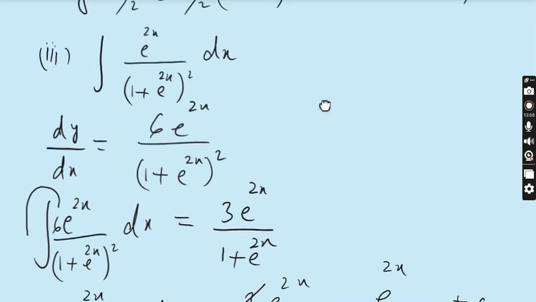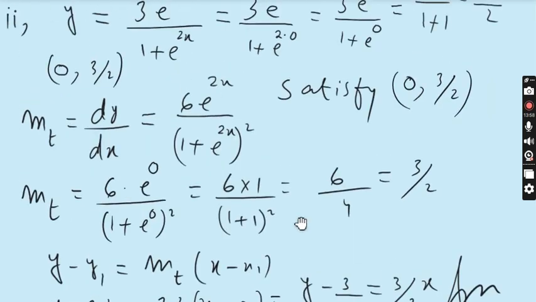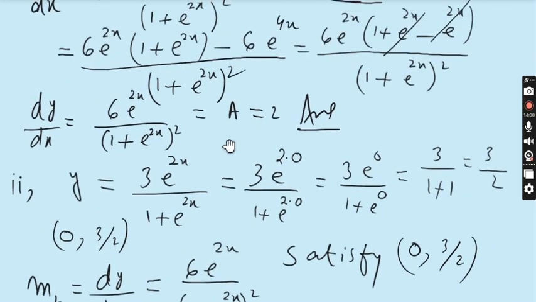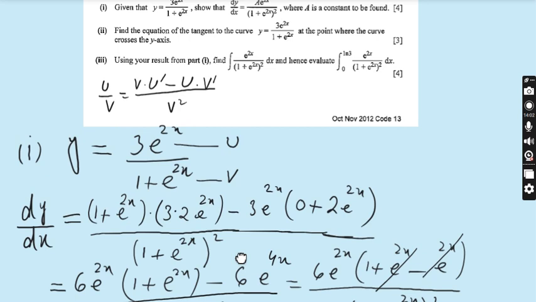Now what is the remaining part 3? The remaining part 3 is evaluate, and hence means we have to take the immediate help from the previous answer, that is the help from the answer of integration.